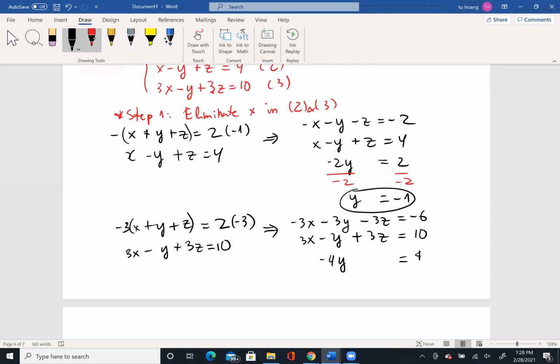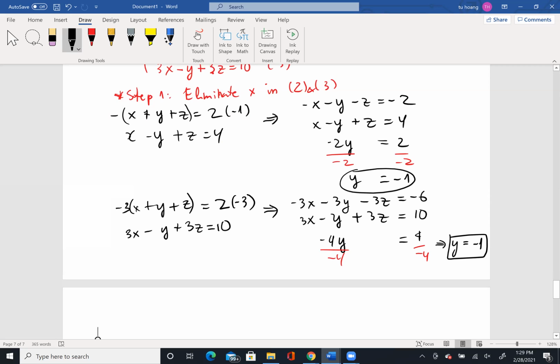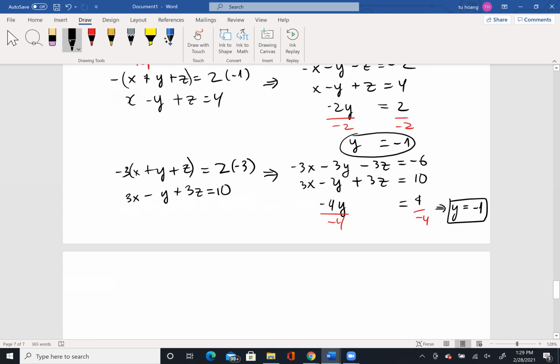And then you divide by -4 both sides, and you get y equal to -1. So from here, you don't have two new equations, but you have only y equal to -1.